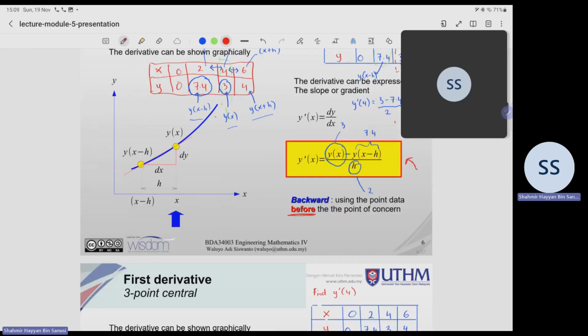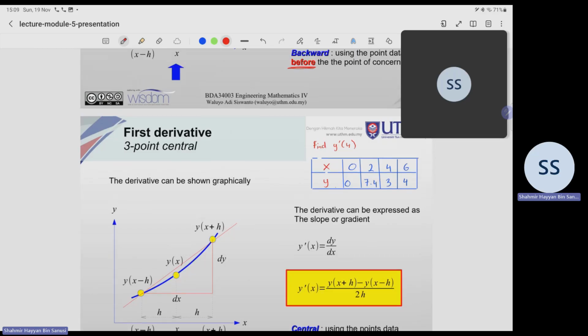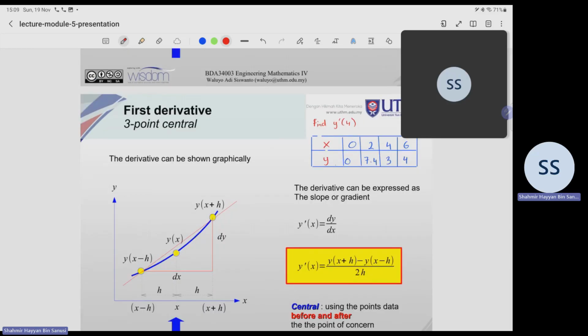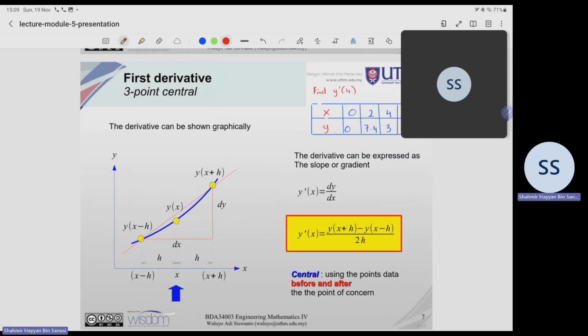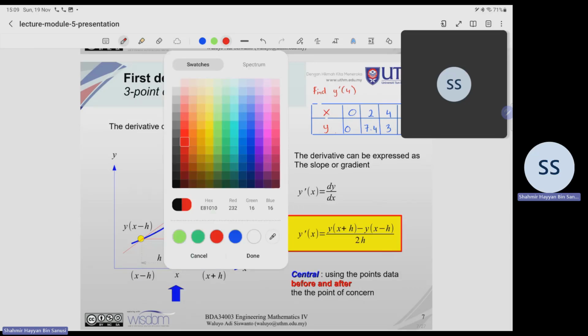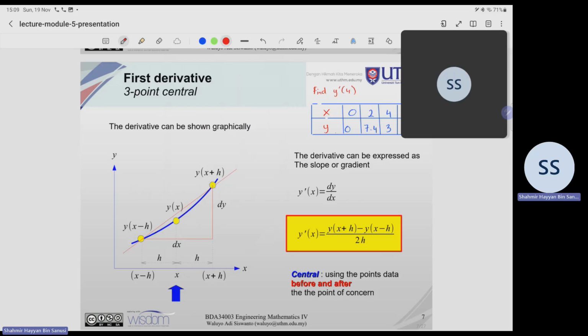So let's look at another one, which is 3-point central. In order for us to use 3-point central, you need to use the data before and after the point of concern. So if let's say this is our point of concern, which is y(x), we need to use the before and after.